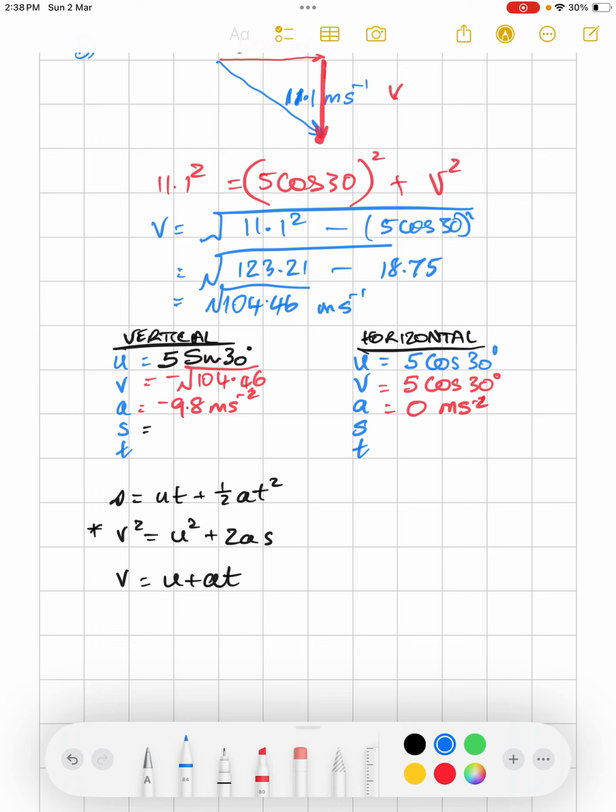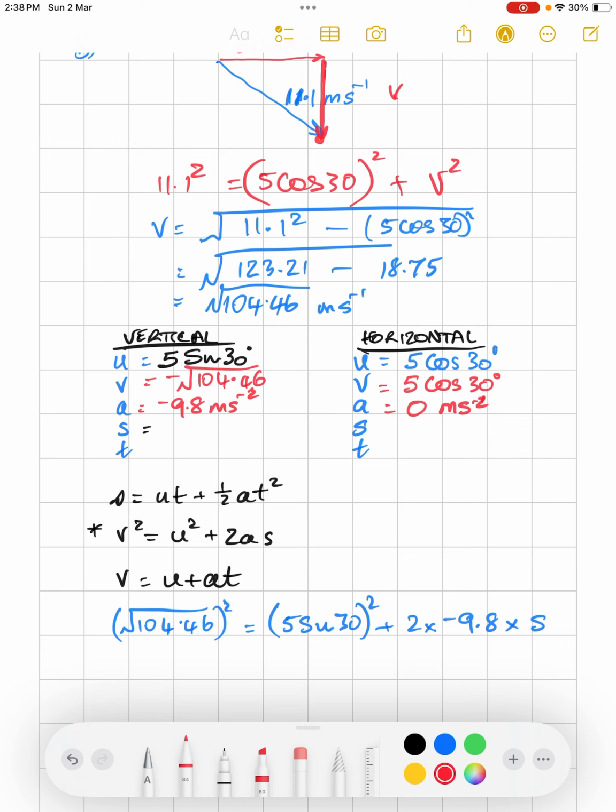V squared, so we've got 104.46 equals u squared, which is 5 sine 30 squared, plus 2 times negative 9.8 times s, and that's what we want.